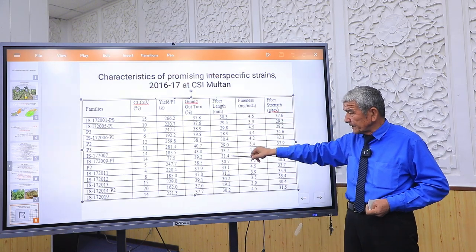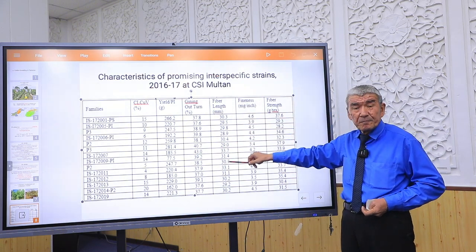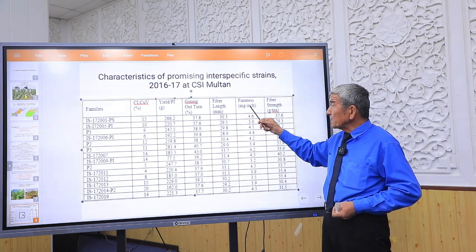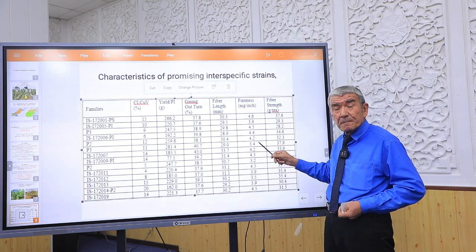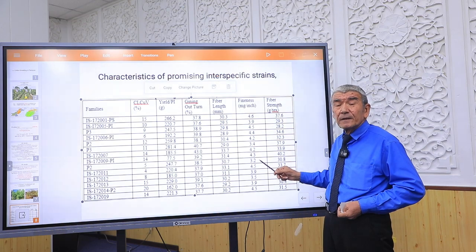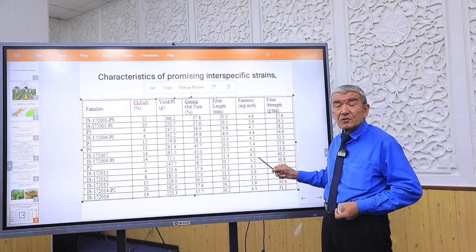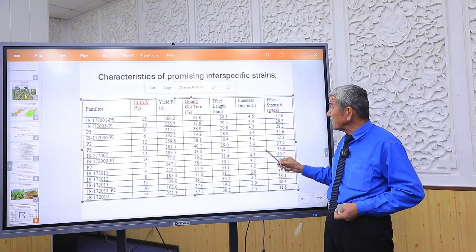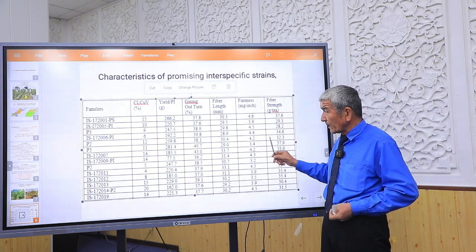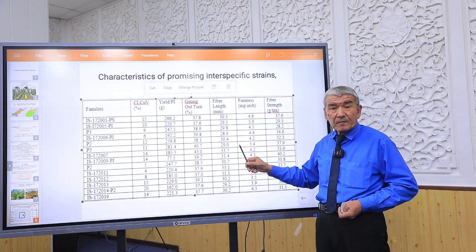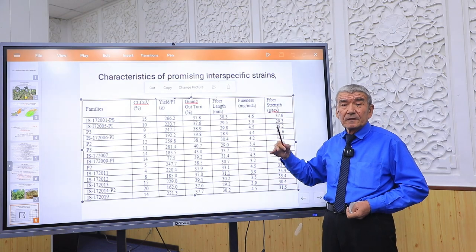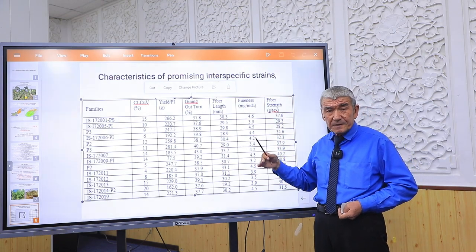And fiber length is also the same. And the fineness of the fiber quality is not inferior to any international standards. And the fiber characteristics are also at least at the level of international levels.